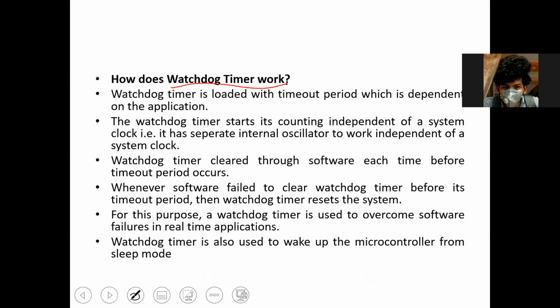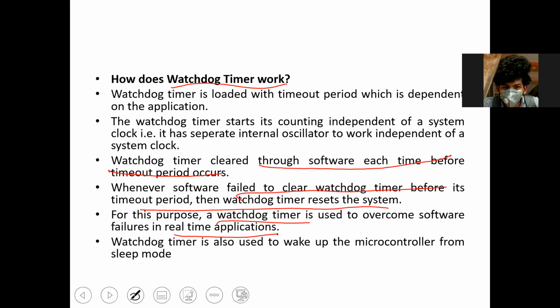The watchdog timer is mainly used so that if the watchdog timer is not cleared through software each time, even if the software fails, my watchdog timer will reset the system. I can clear it through software also. If I'm writing any code and the software fails, at that time the watchdog timer will be enabled and serve the purpose. So it is mainly used for real time applications.